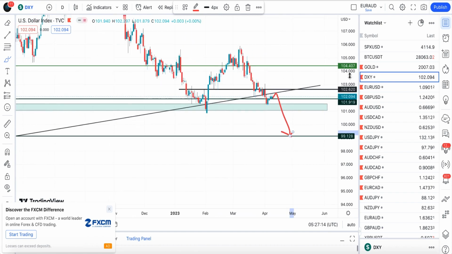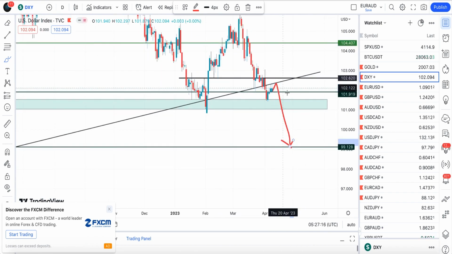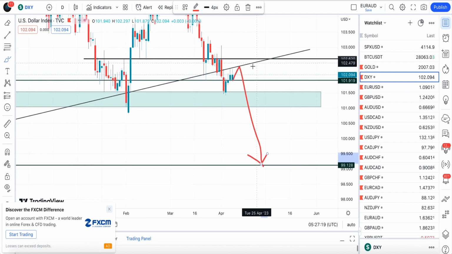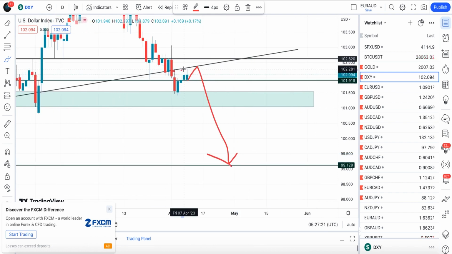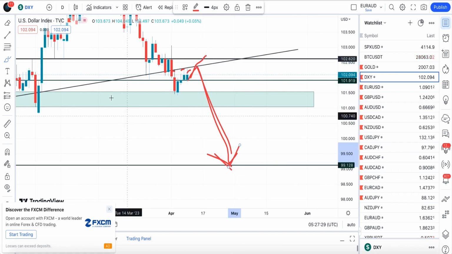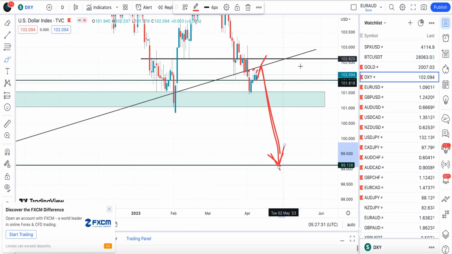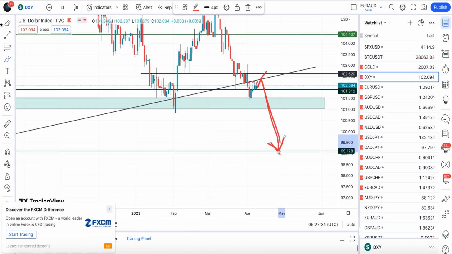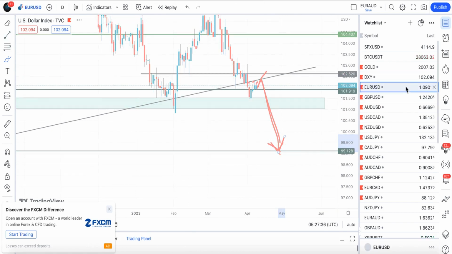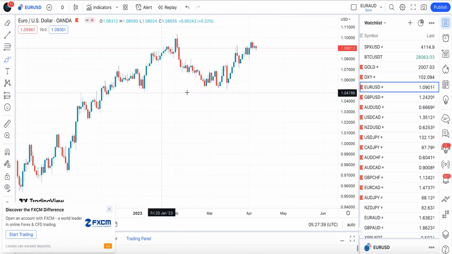There is room for more to the downside. As we see that we have a weak rejection at this particular area and failed to close above this level, there should be a rejection to the upside. That is the overall sentiment right now, unless the CPI data comes out and proves us wrong.